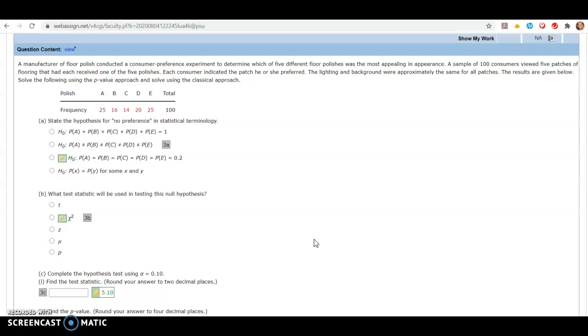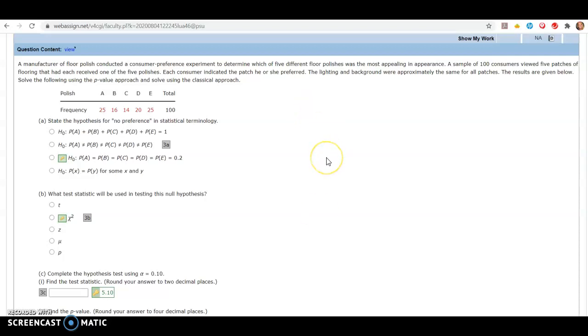So you can see the 5 polishes are labeled A through E, and you can see the observed frequencies. And in part A, it just asks you to state your hypothesis for no preference in statistical terminology. So we haven't been given specific proportions, but we believe that the proportions are the same and want to see if we have evidence to say that they're actually different.